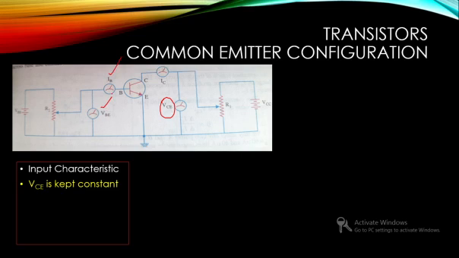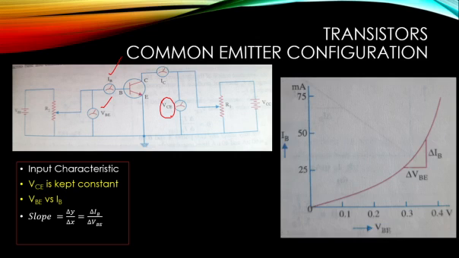We'll measure the change in current with the change in voltage. This input voltage and input current variation study, provided we keep the output voltage constant, is what we call the input characteristic. We'll get a plot like this, VB versus IB.